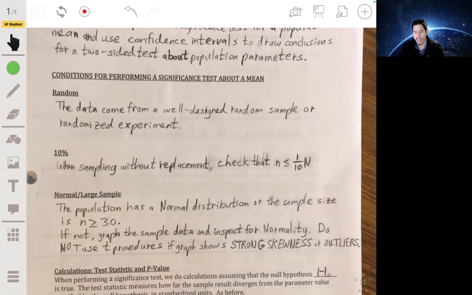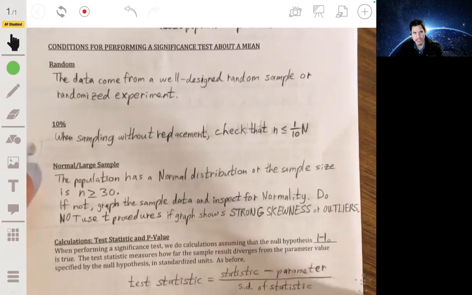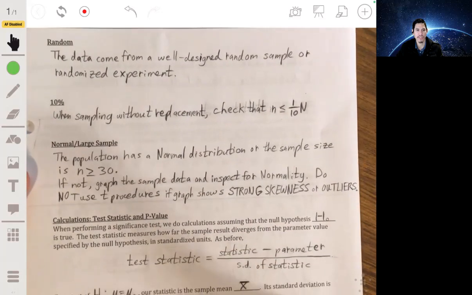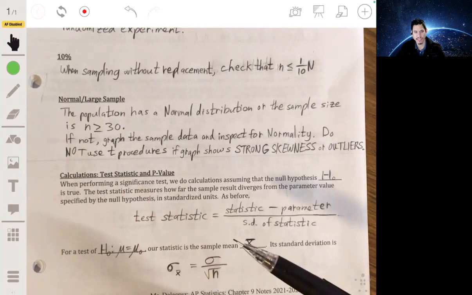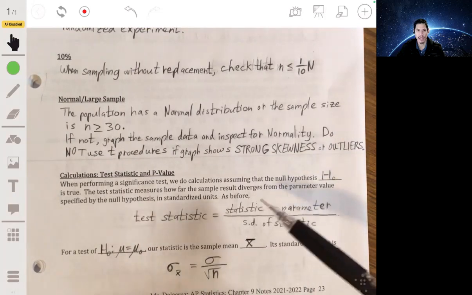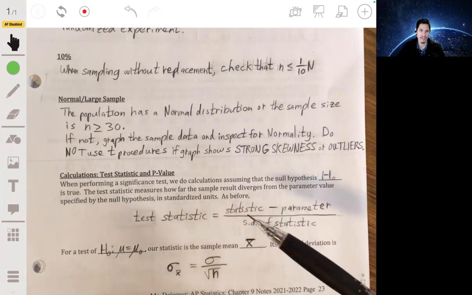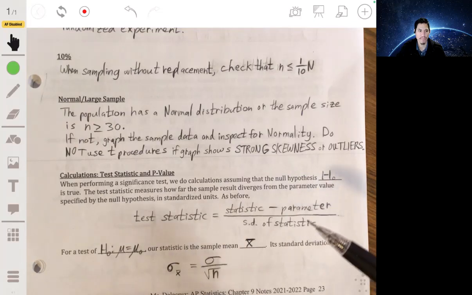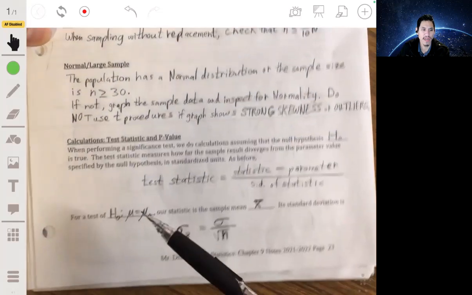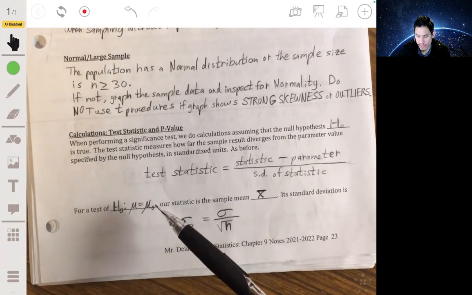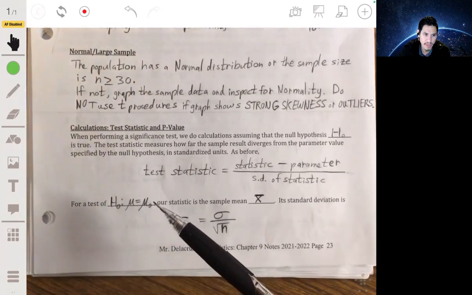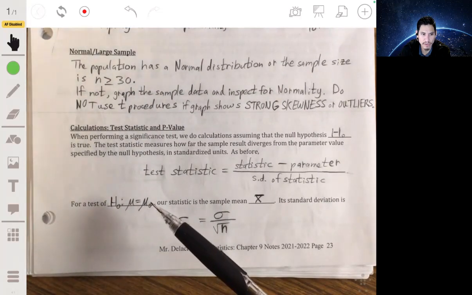Okay, then, just like with significance tests for population proportions, you're going to get a test statistic with the same form: statistic minus parameter over the standard deviation of the statistic. If your null hypothesis is that the true mean is something, we're going to use mu sub 0.